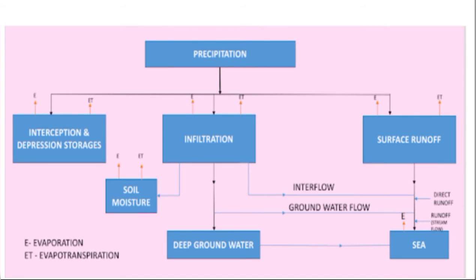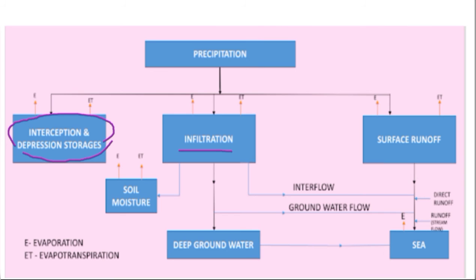This is the flow chart of the hydrologic cycle. As I had told, some portion of precipitation will be intercepted and some portion will be used for filling the small depressions in the ground, which is interception and depression storage. Then some portion of the precipitation reaching the ground percolates into the ground, and it is called infiltration.